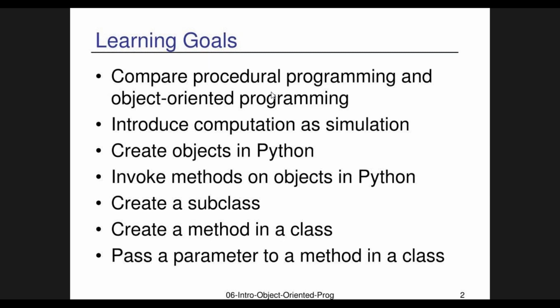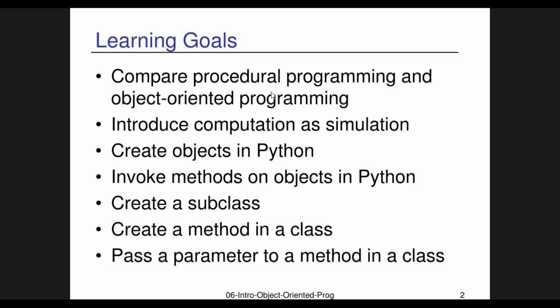Okay, first let us discuss procedural oriented programming language, POP, versus OOP, object oriented programming language. What is POP? POP is process by process, a function based programming language, and the example is C programming.